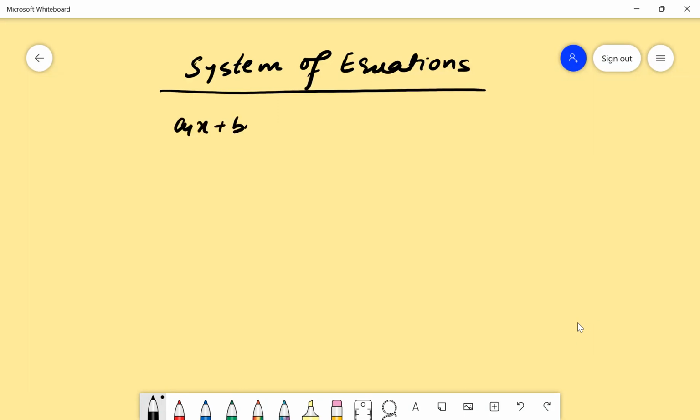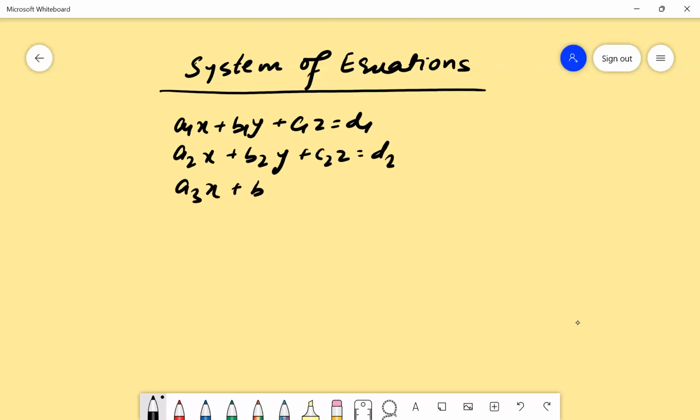a1x plus b1y plus c1z is equal to d1. a2x plus b2y plus c2z is equal to d2. And a3x plus b3y plus c3z is equal to d3.